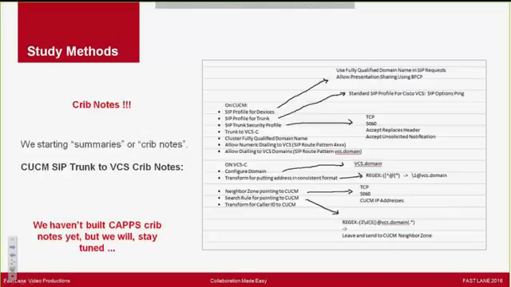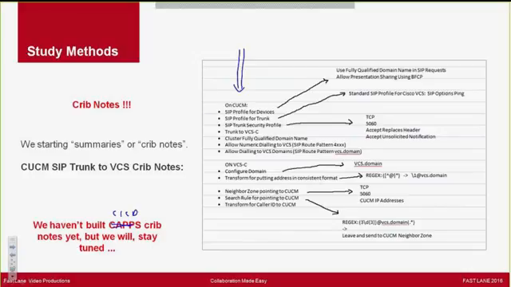Crib notes, and this actually is a typo. We haven't built these for CICD yet or CIVND, but for our studying, this is what we've been doing. It's hard to figure out exactly how to insert these into a class, so we're working on that now as well. Basically, this crib note is looking at trunking between a communications manager and a VCS.